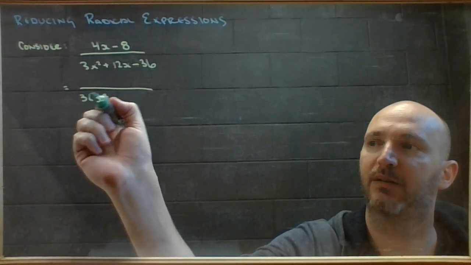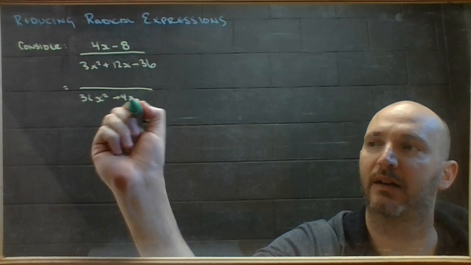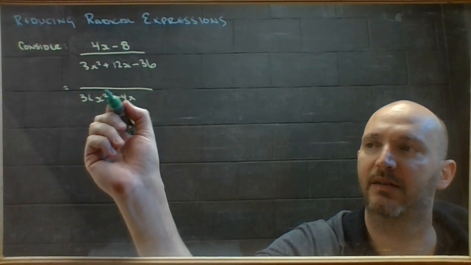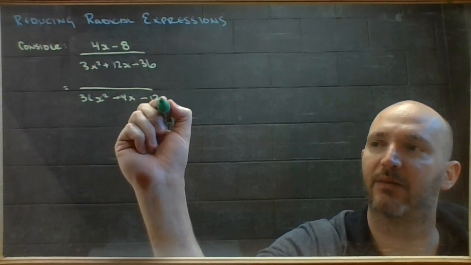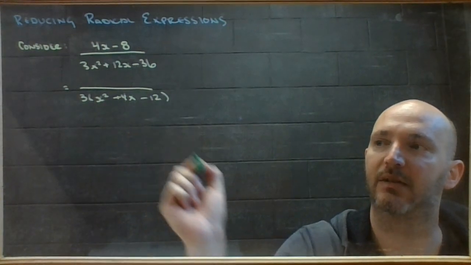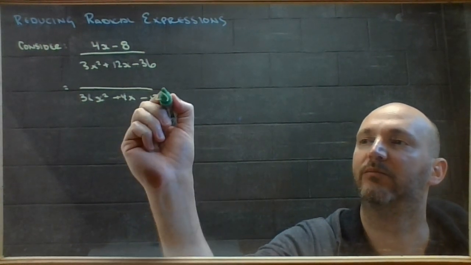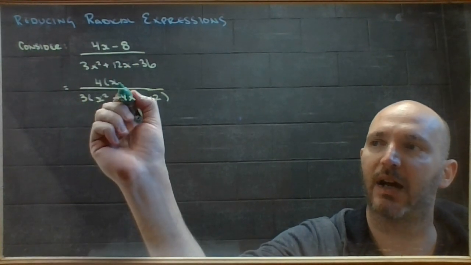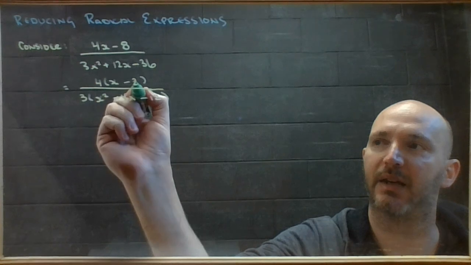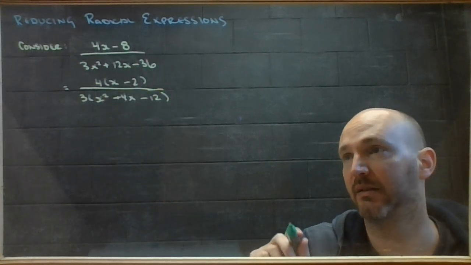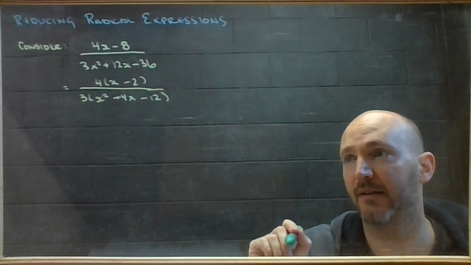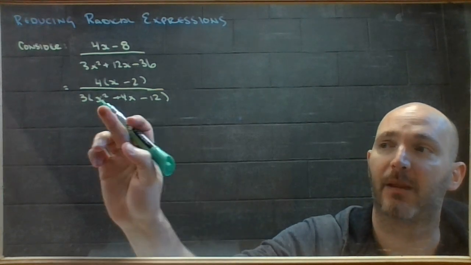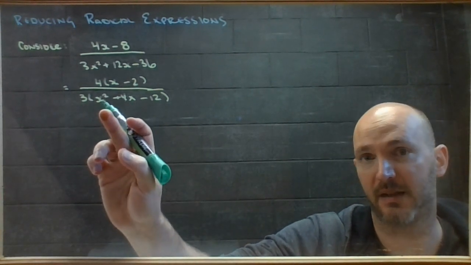Squared there, 3 times 4x would be 12x, and 3 times -12 would give you -36. On the top, 4 times an x gives you 4x, and 4 multiplied by -2 gives you -8. So that's factored there. I have a simple trinomial inside this bracket here.